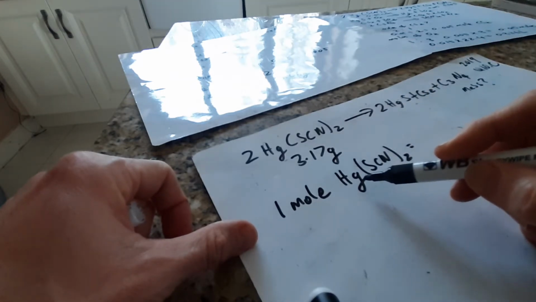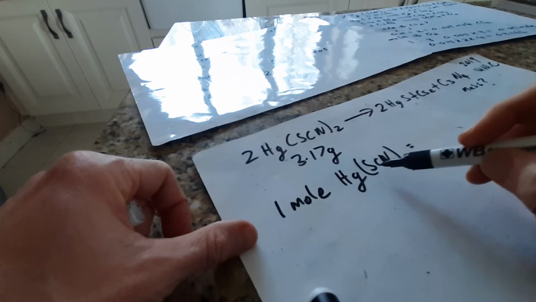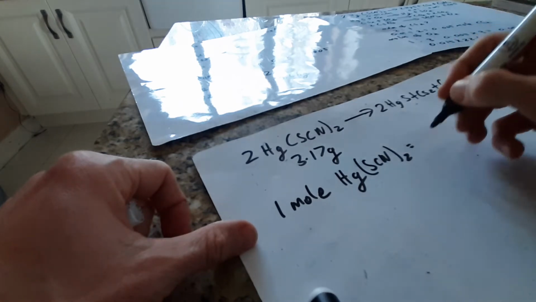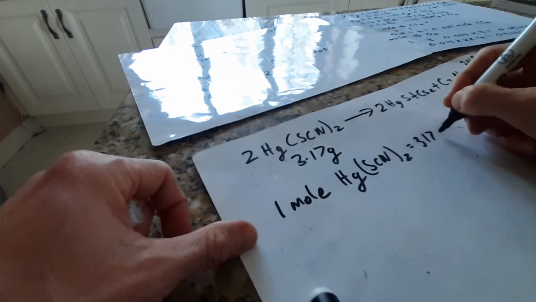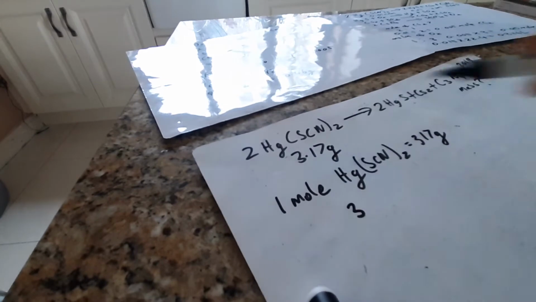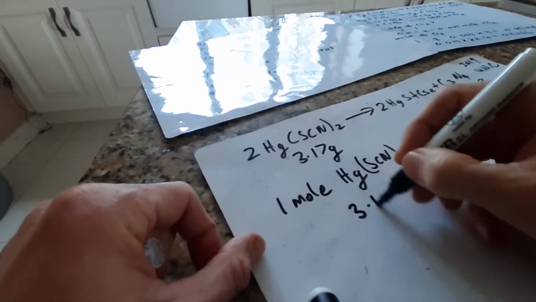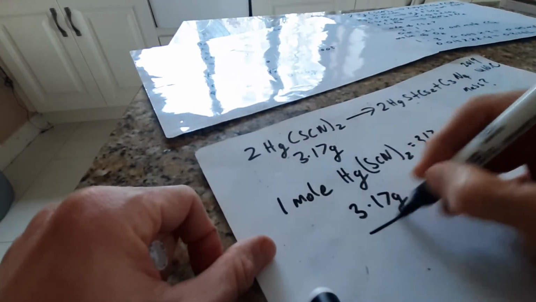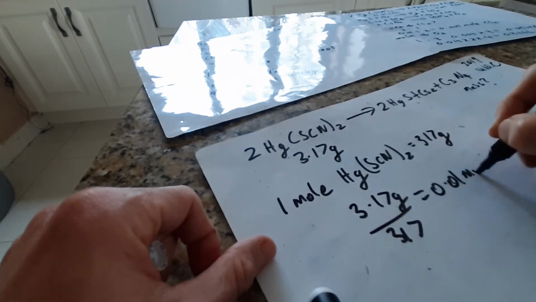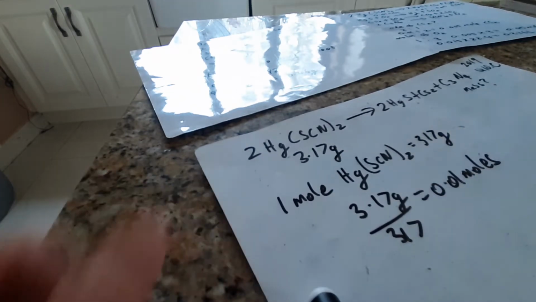Mercury is 201, sulfur is 32, carbon is 12, nitrogen is 14, tot all that up, you get 317 grams. So we're going to divide what we have, which is 3.17, by 317, like this. And we're going to get 0.01 moles of reactant to start with.